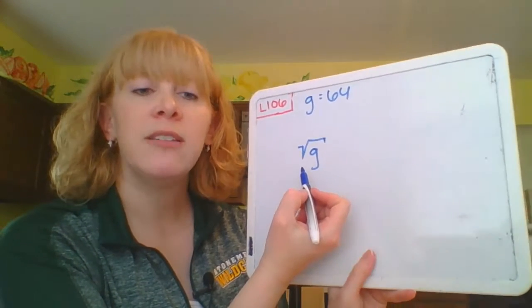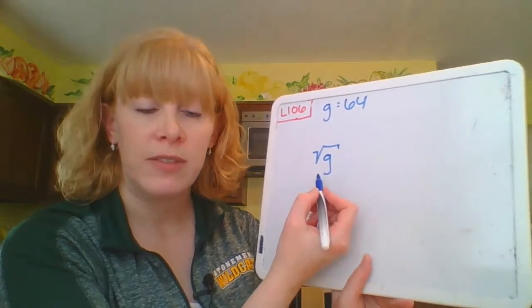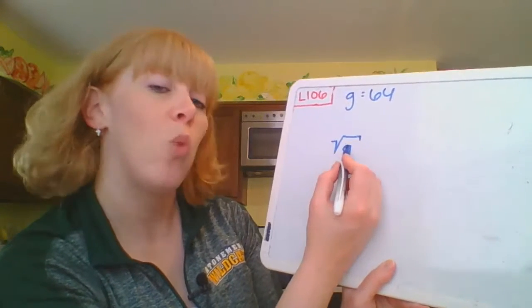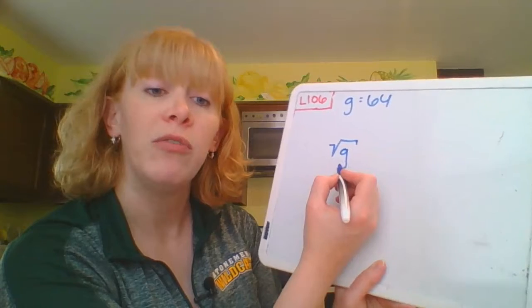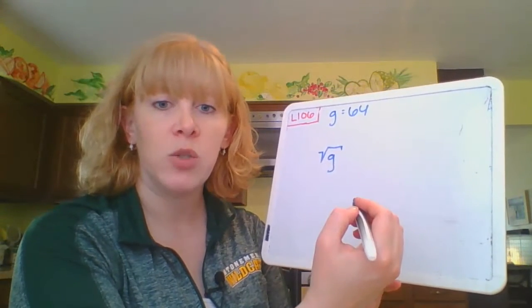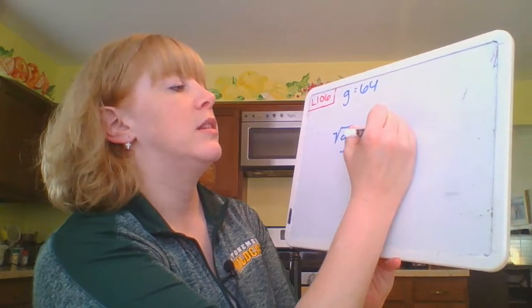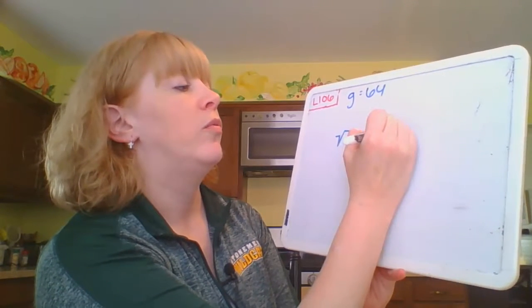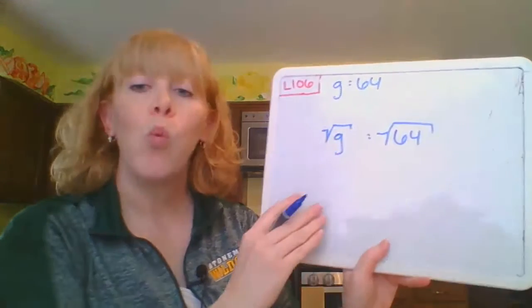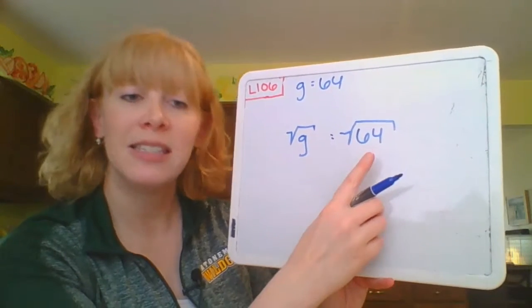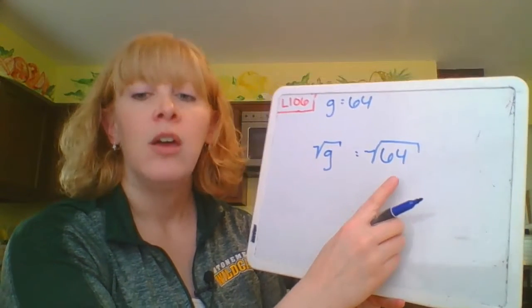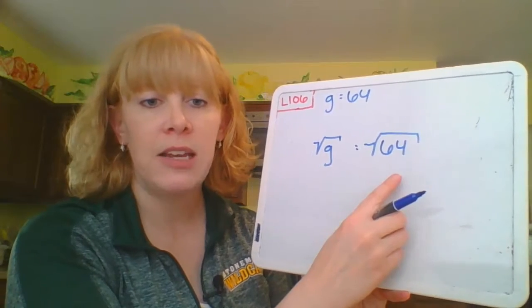When I want to find the square root of something, I want to find out what number times itself equals that number in the square root symbol. So I want to know what number times itself will equal 64. Both of the numbers that I would be multiplying have to be the same number and then equal 64.